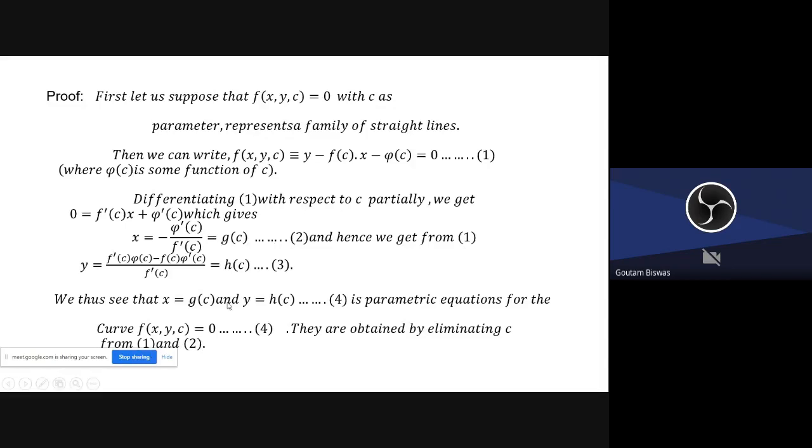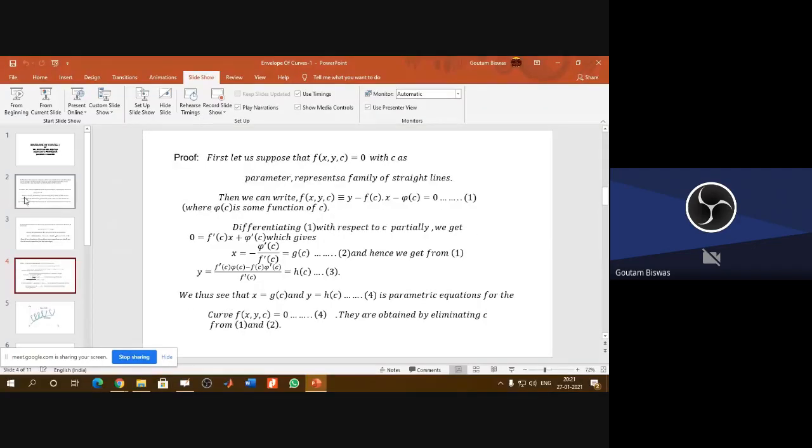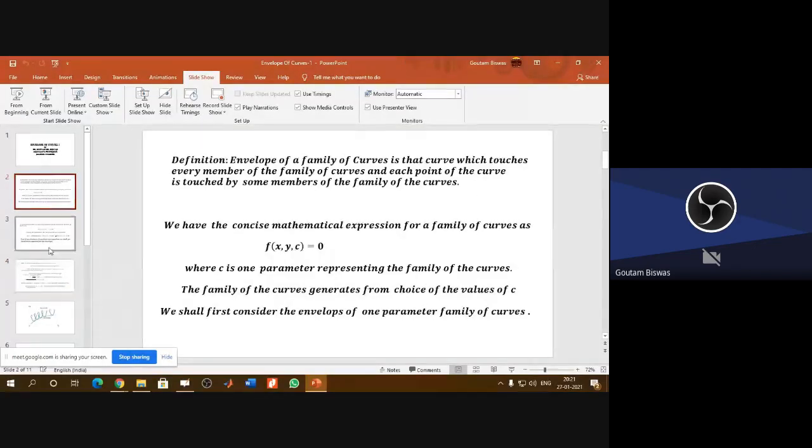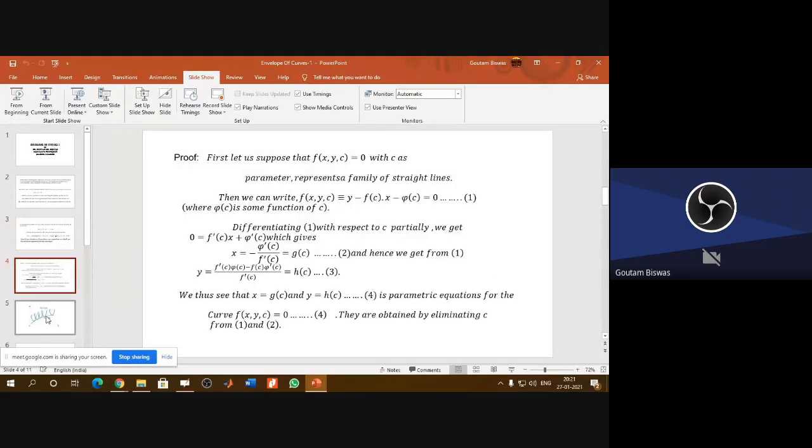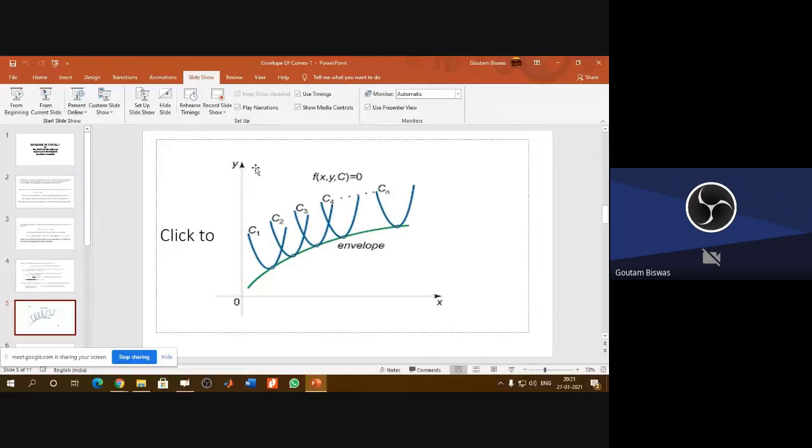Let me see it again. First one, second one, 1a and 1b. That means just by eliminating these two, we are getting these two equations. Here, differentiating with respect to c and putting it equal to 0, you will get that equation. Now I am showing you some examples.